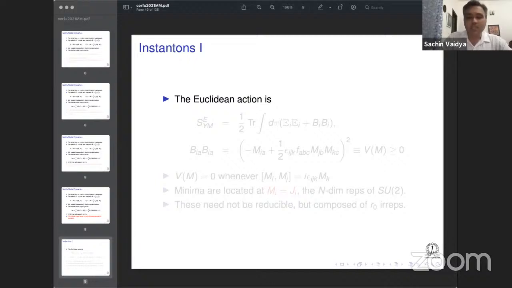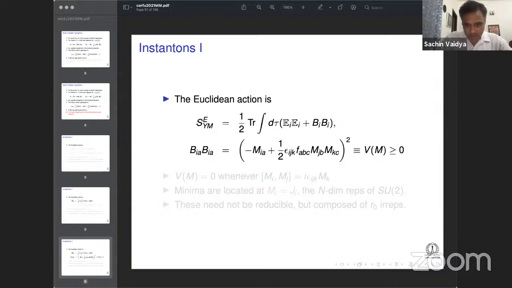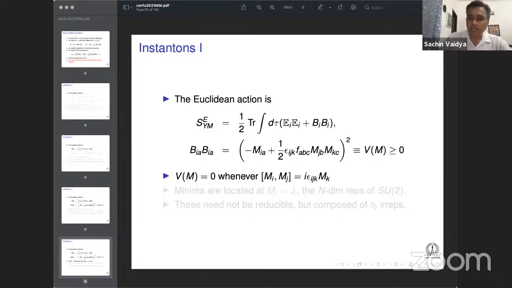So let's look for instantons in this business. We'll start off with the Euclidean action. It's the square of the Euclidean electric field plus the magnetic field. And you can see that the potential, which is trace of B times B, is always non-negative. So it's at its minimum whenever the M's obey this condition that I've written out here: the commutator of M_i with M_j is i epsilon_ijk M_k.